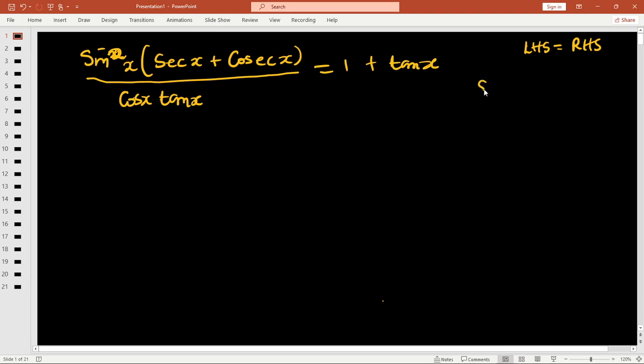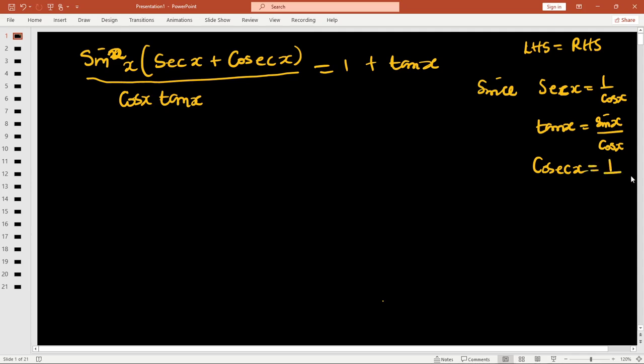So here we know that sec x is equal to 1 over cos x, and also we know that tan x is equal to sin x over cos x, then cosec x is equal to 1 over sin x, like this. So we're going to substitute these identities here into the expression that we have on the left hand side, this side here.